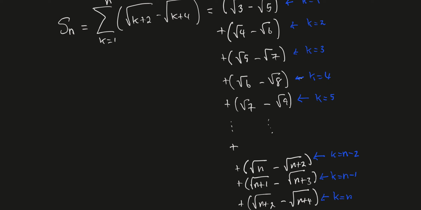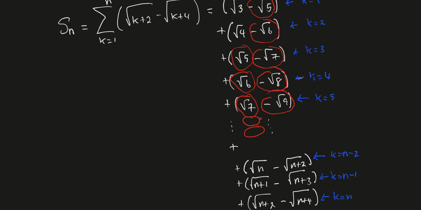So I'm just going to circle things, that way I don't draw too many messy things. This one, negative root 5, there is the positive root 5. Negative root 6, there is a positive root 6. Negative root 7, there is a positive root 7. What comes after, in the next pair of parentheses, will cancel out with this, and the term that comes after that would cancel out with this.